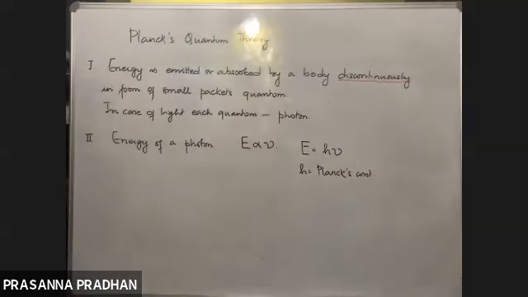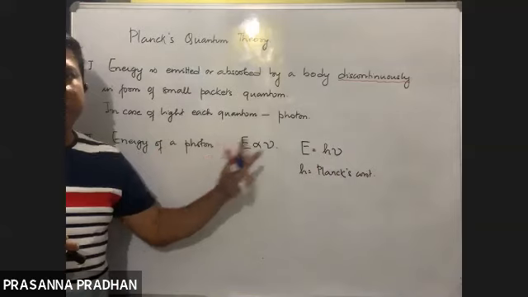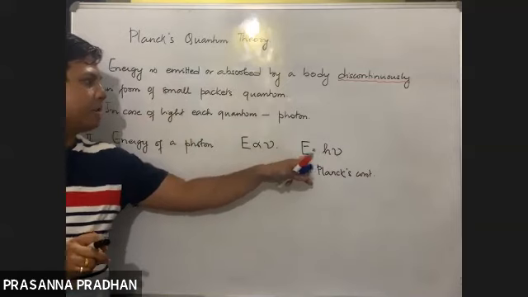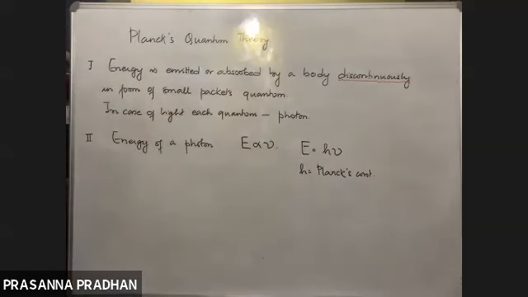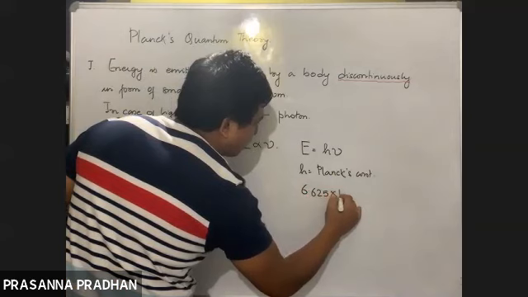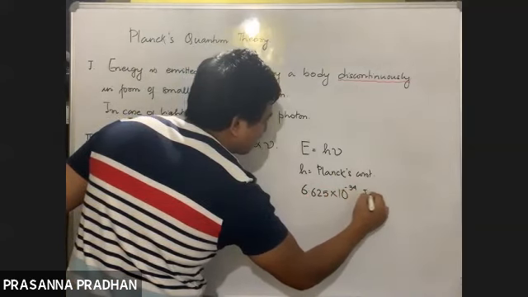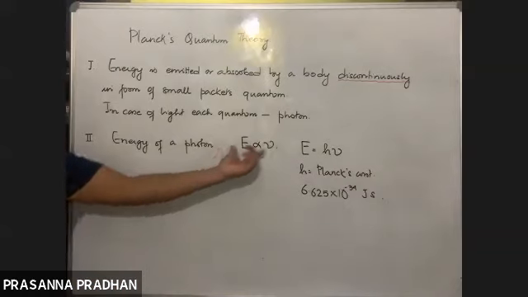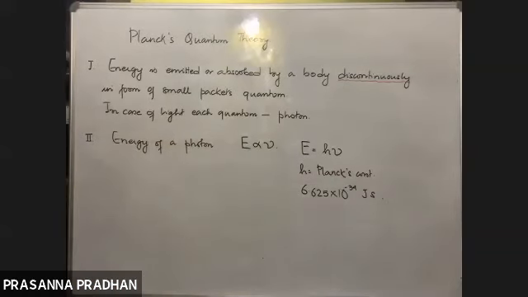So the energy of a quantum of light is E equals h nu, where h is Planck's constant, and its value is 6.625 into 10 to the power minus 34 joule second. Please note down the value, and you have to remember it as well. So the energy of a photon is directly proportional to the frequency, related as E equals h nu.